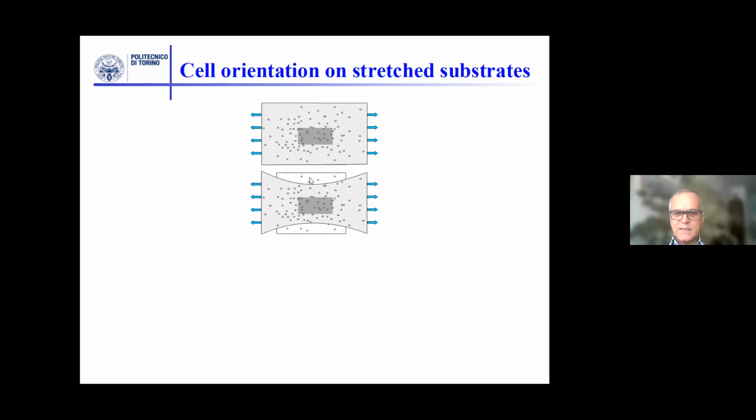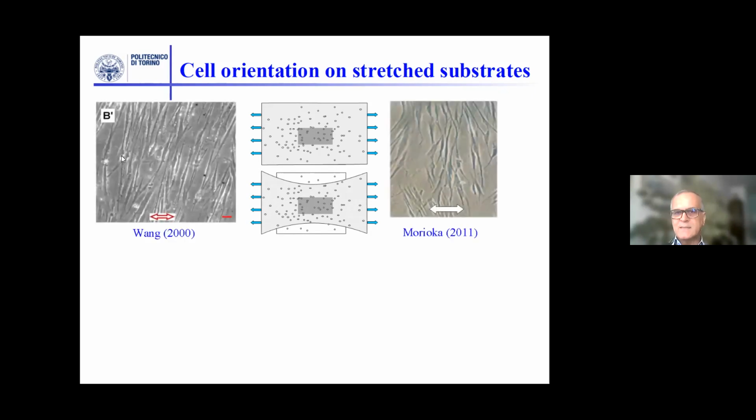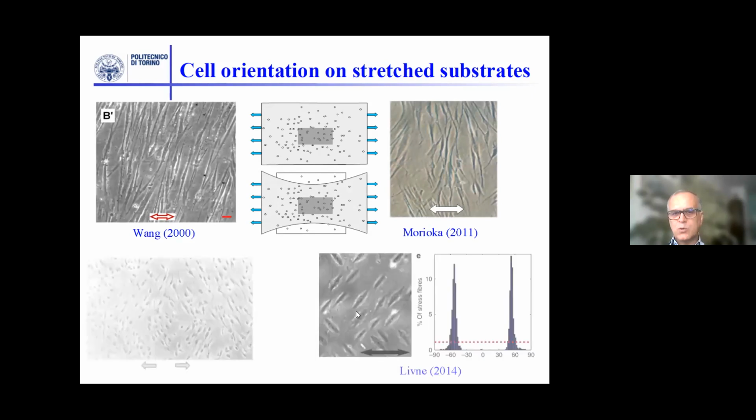So what is seen is that when, for instance, in the first case, you have clamped sides, the cells orient more or less perpendicularly to the stretching direction. In the second case, instead, usually the cells tend to orient at a certain angle.